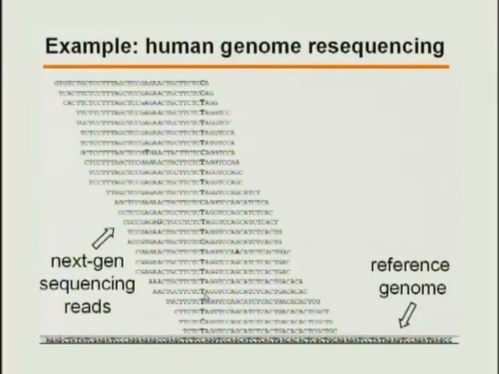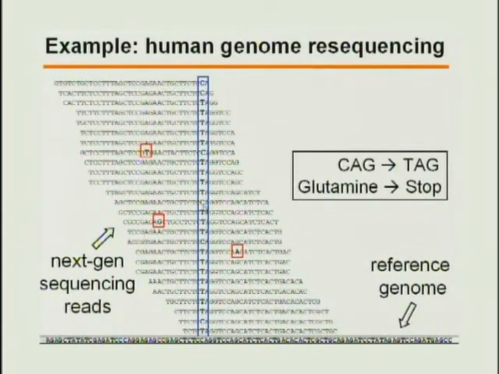So mapping these reads to this reference genome is a remarkably simpler task than assembling this genome in the first place. And then the bioinformatic challenge becomes distinguishing the many errors from actual positions where there is a variant, right? And then obviously turning these variants into functional predictions about what they would, for example, do to a protein sequence.